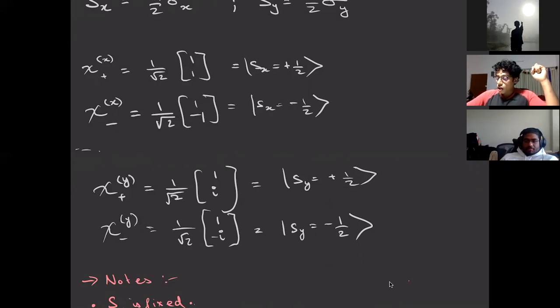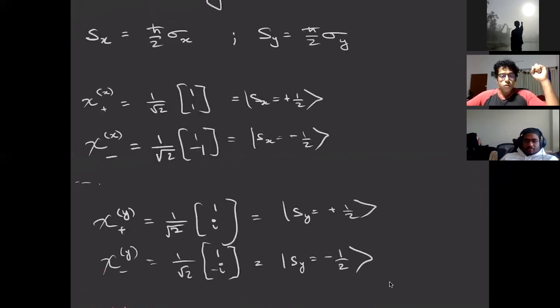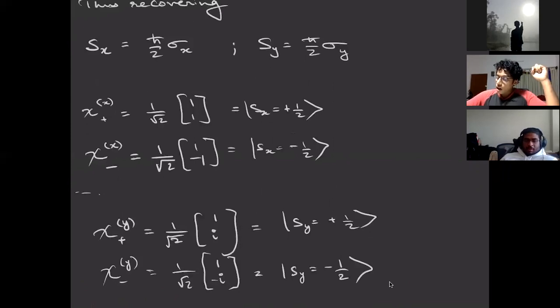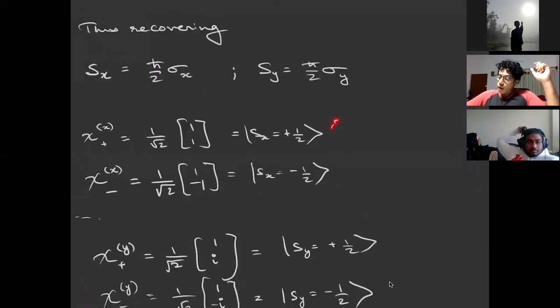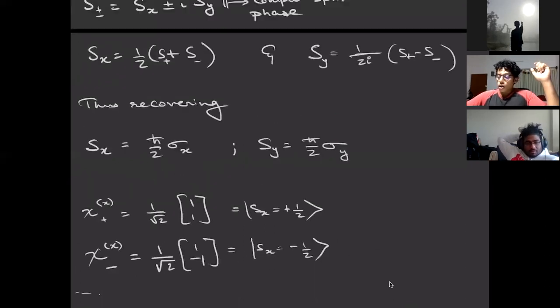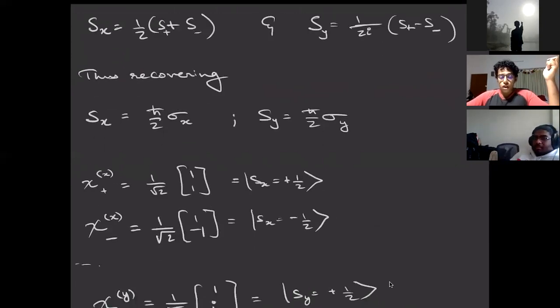So if you see, there is a subtle play between the normal 1 0 and 0 1 basis that you have for the plus and minus in the z direction, and all this brings back the relation of the other directions with the sigma matrices, the Pauli matrices, right?